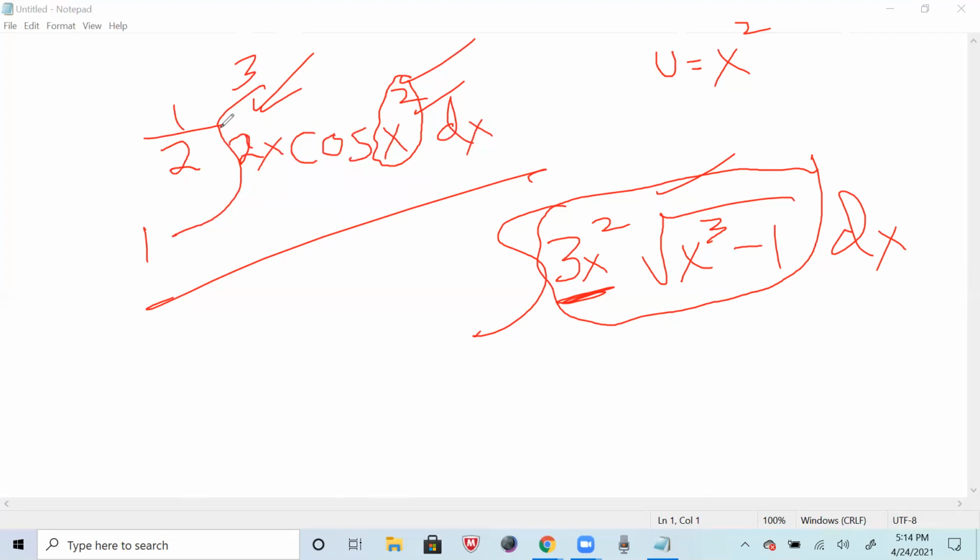So I haven't changed anything. Okay. And now I've made it such that that is the perfect derivative of the inside. Interesting. And that's a little bit of a tricky concept to do. It requires a little bit of thinking outside the box. You actually don't have to master this technique, but it's the technique that most people teach when they're teaching calculus.